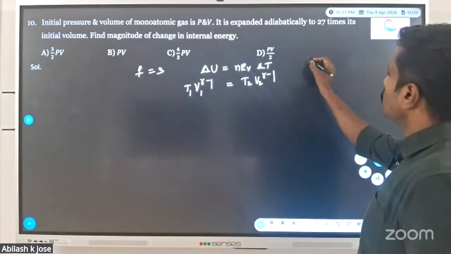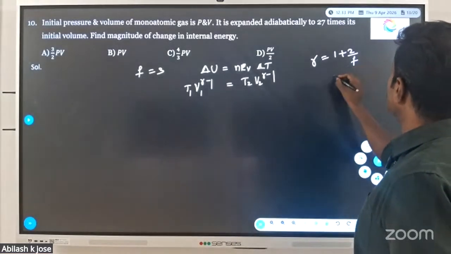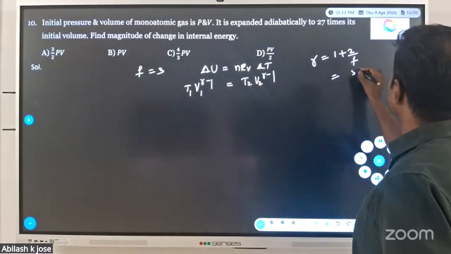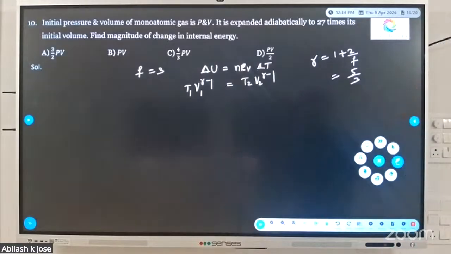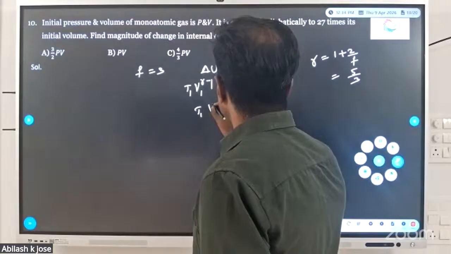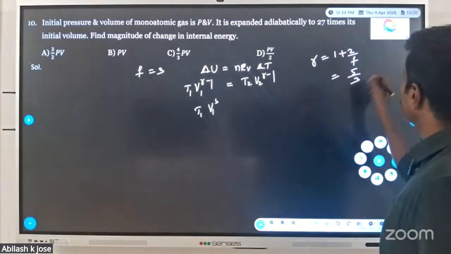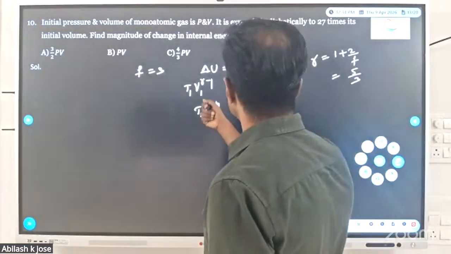It's a monatomic gas, so gamma is 1 plus 2 by f, which is 5 by 3. T1 V1 to the power 5 by 3 minus 1, so it is 2 by 3.